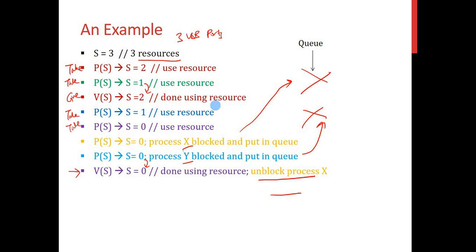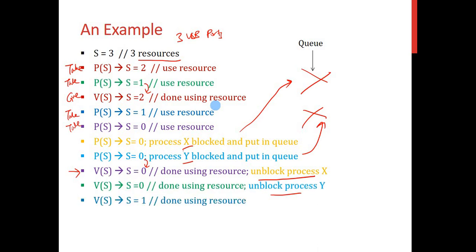When somebody releases the resource, then the task that was waiting for it will get it. Similarly again, when I release again, since another task is also in the queue waiting for it, I will unblock the process and give it to that process. Finally, when I give back and there's no task waiting for it, then the count will go up by 1.